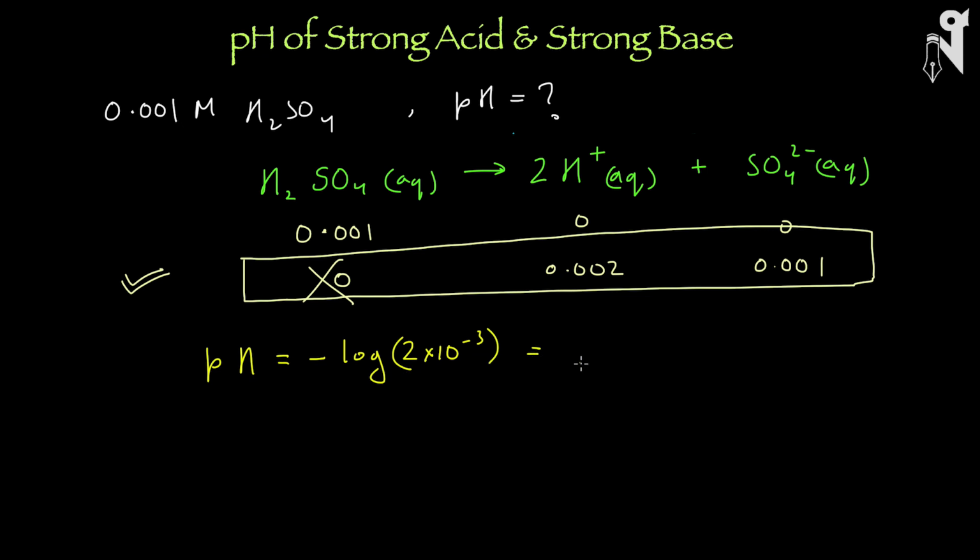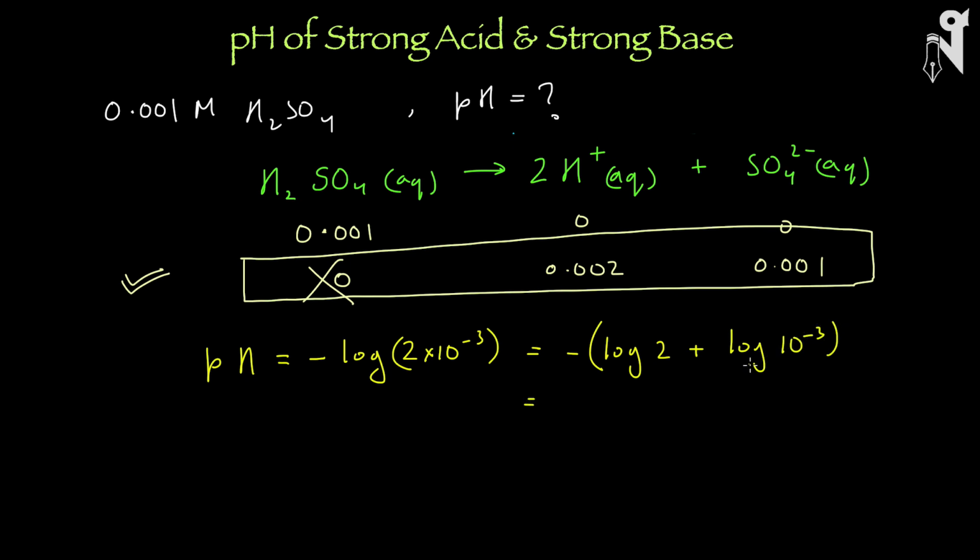So it becomes log 2 plus log 10 power minus 3. And there is a minus outside. So that 10 power minus 3, I'll write it over here for the first time. But later on, you don't have to write so much. You'll do it all in your mind and maybe write the last step to get the answer.